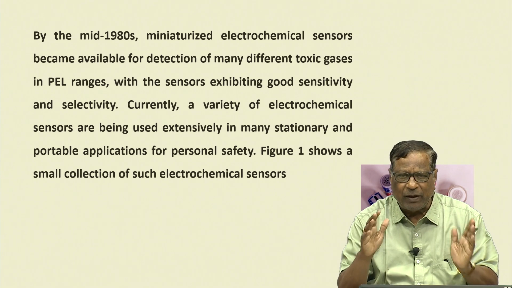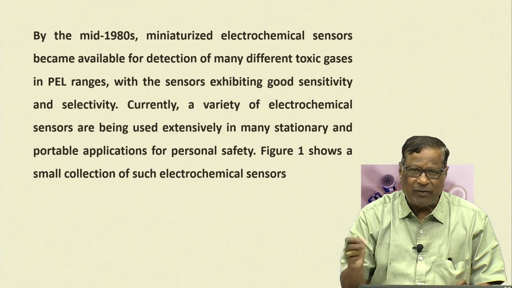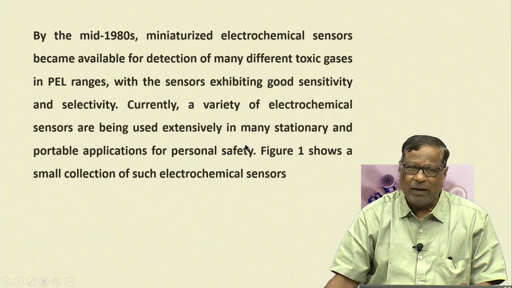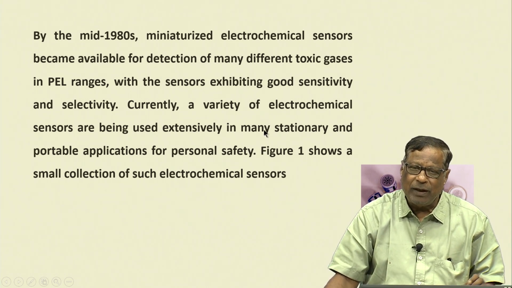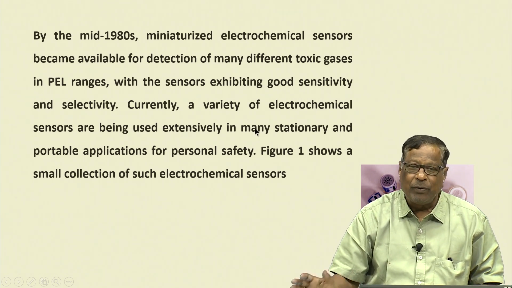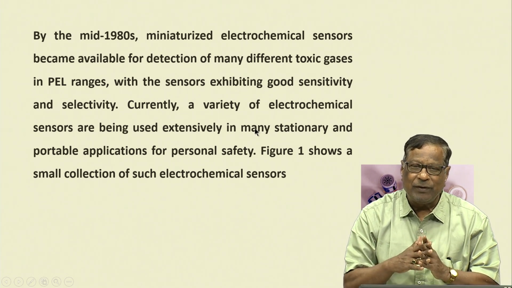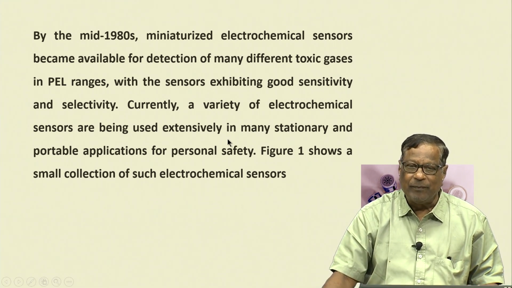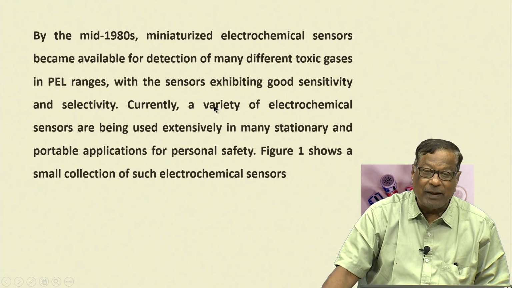In a very confined space they keep on working, and the oxygen level needs to be monitored very regularly. Whenever combustion is taking place, we want to measure the oxygen available for combustion, because oxygen is a must for combustion.